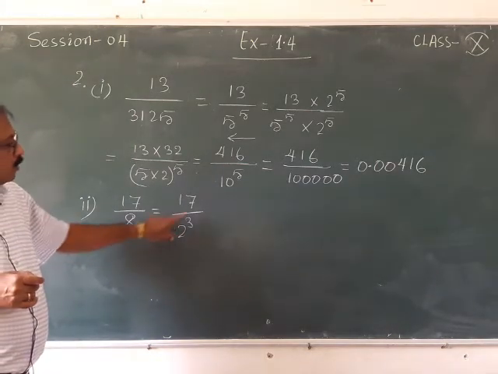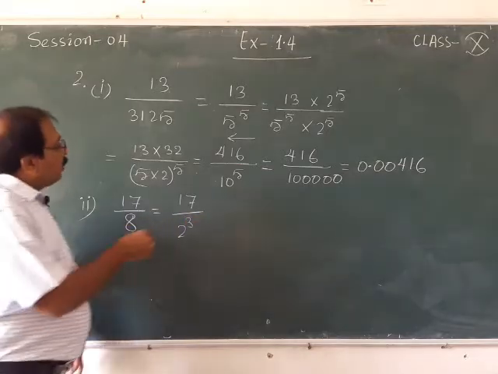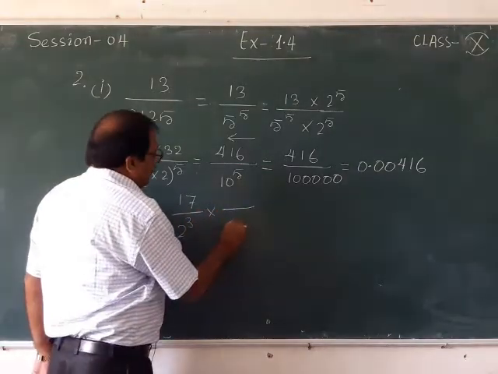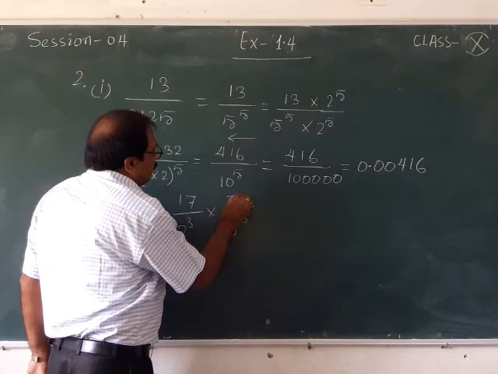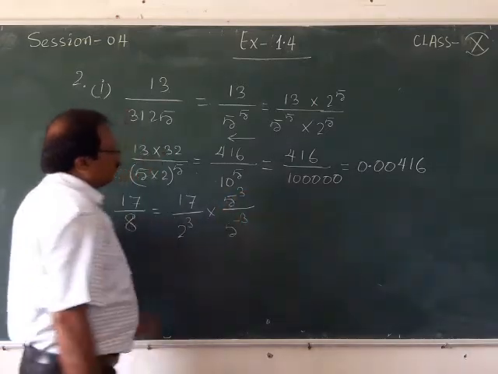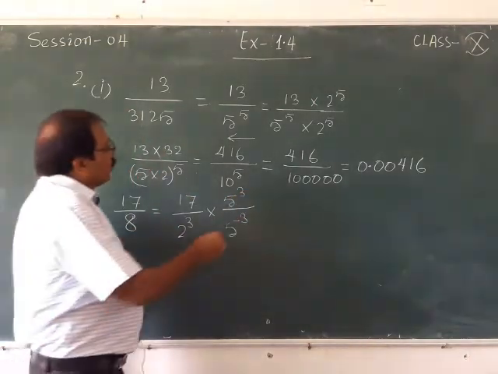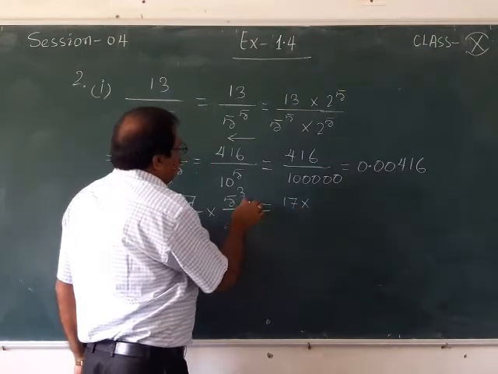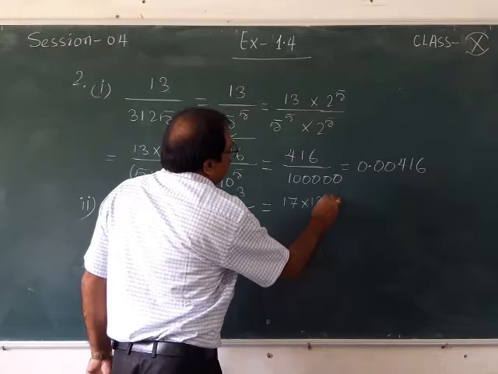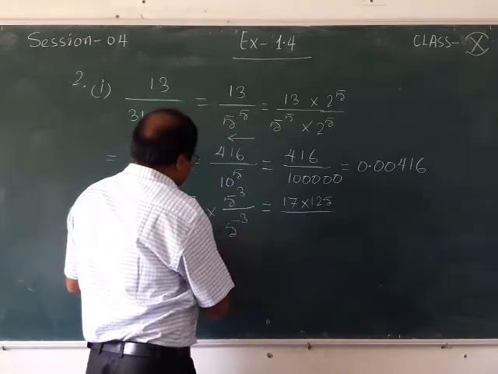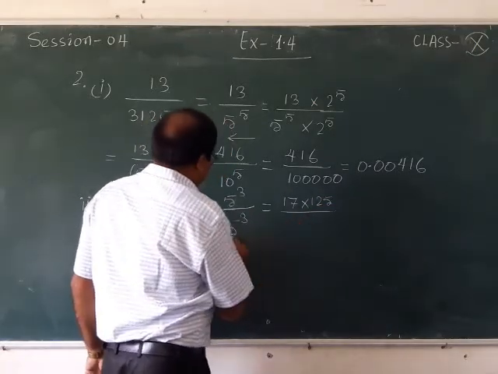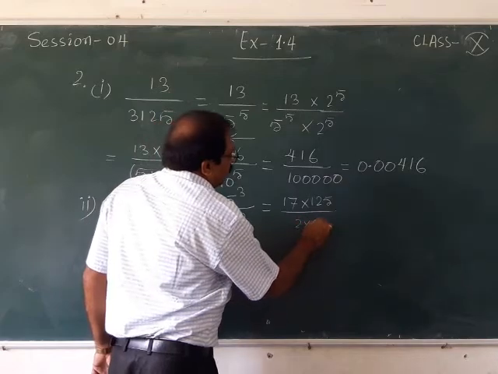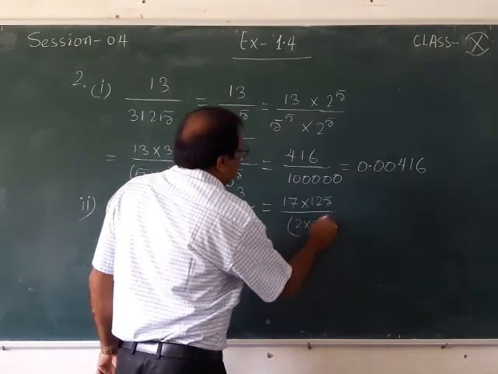Now to make the denominator a power of 10, we need to multiply by 5 to the power 3 on both numerator and denominator. So you have the number 17 upon 5 into 5 into 5. Here you have 125, and in the denominator you can see it is 2 into 5 to the power 3.